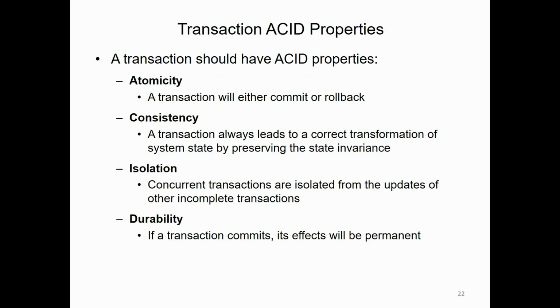So a transaction should have ACID properties: atomicity, consistency, isolation, and durability. Atomicity we've just talked about. Either it happens or it doesn't. There's no concept of it kind of happens or it happens a little bit. It's either all or nothing. Consistency, well, that's what I was just talking about with the two different machines processing the same request.